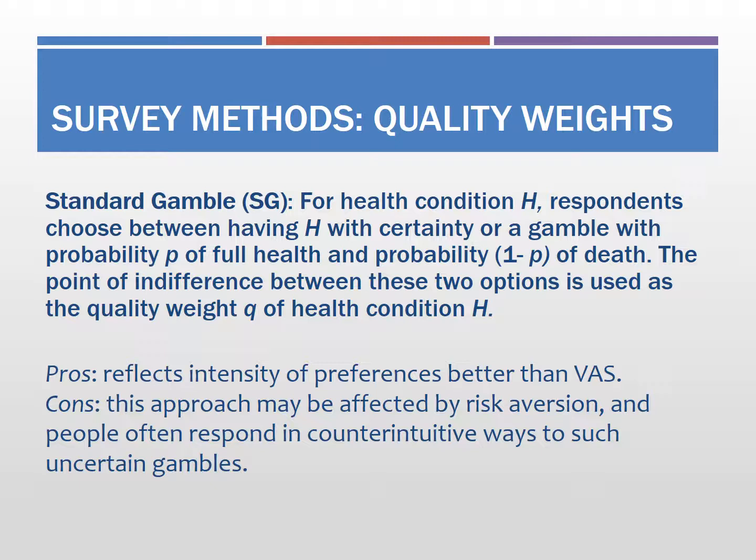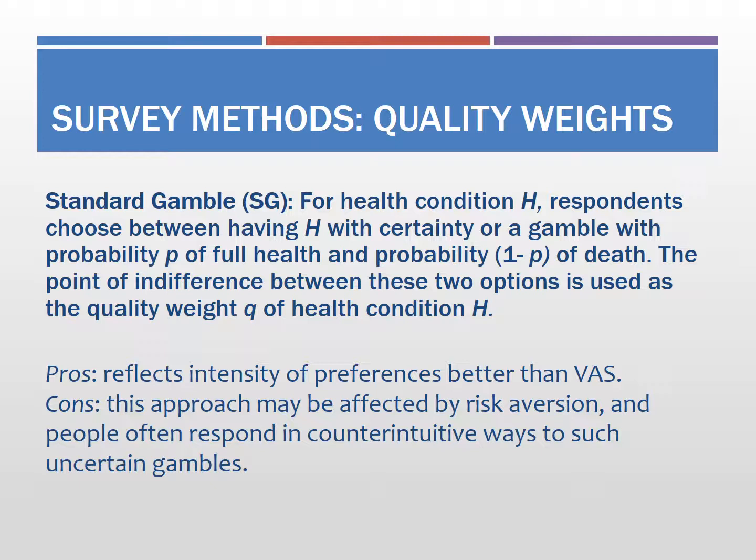The standard gamble is basically a survey for health conditions. Each respondent has to choose between being healthy with certainty, or gambling with a probability of P of full health and a probability of 1 minus P of death.